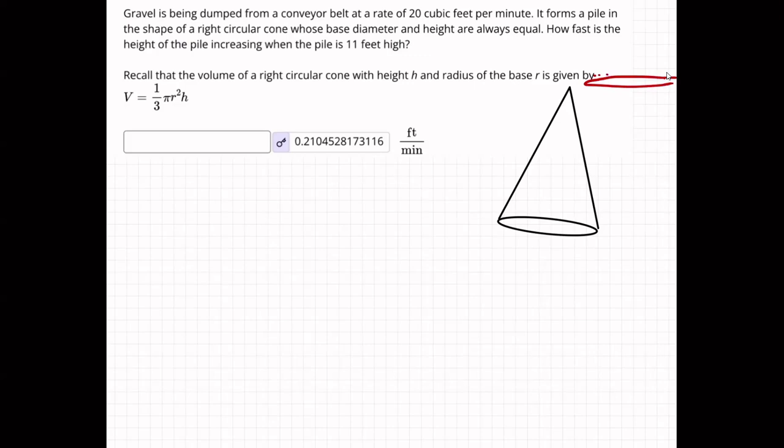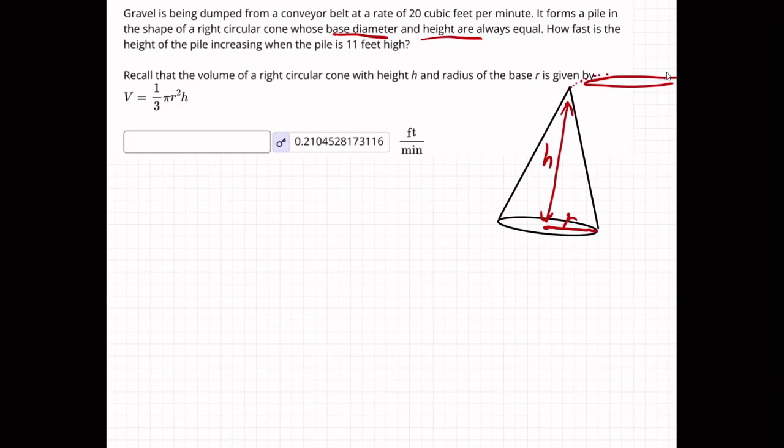And gravel is dumping down and forming this big pile. And this is the radius. Oh, wait, did it say whose base diameter and height are always equal? Okay, diameter and height are always equal.